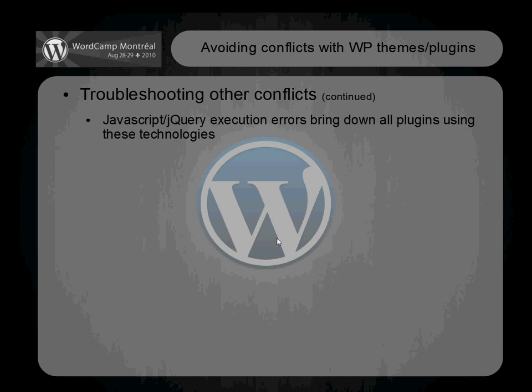Finally, one thing to mention in terms of conflicts is that if you have a jQuery execution error or a JavaScript execution error on a page, that's going to bring down anything that's using these technologies. So if you have one plugin using jQuery that has an error inside of a function, that error is going to mean that all other jQuery code on that page is going to stop working correctly.